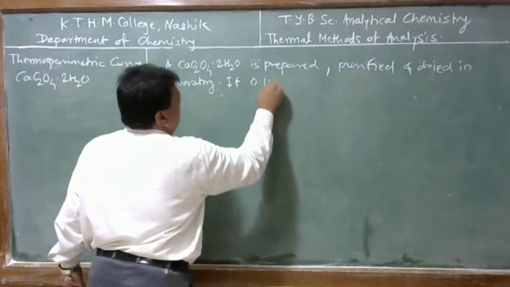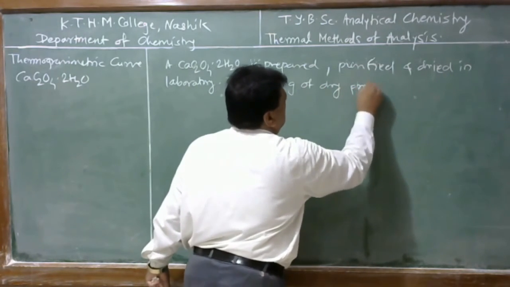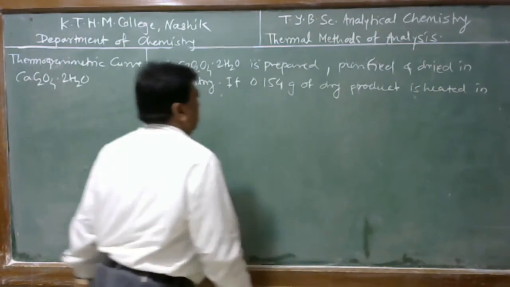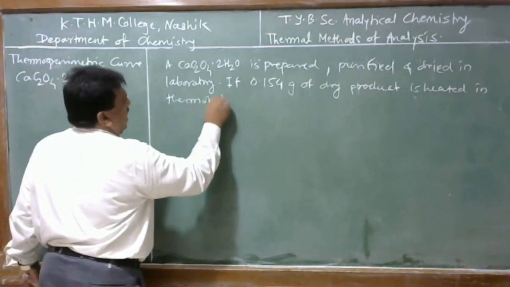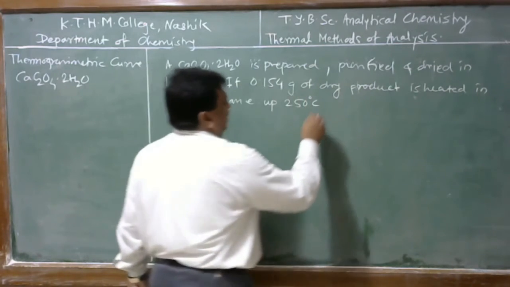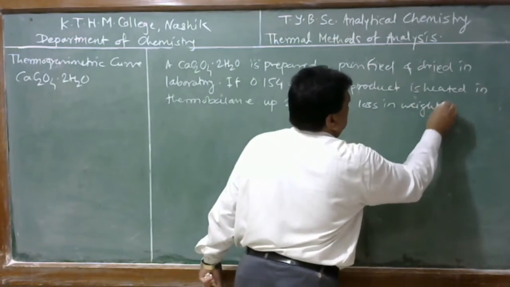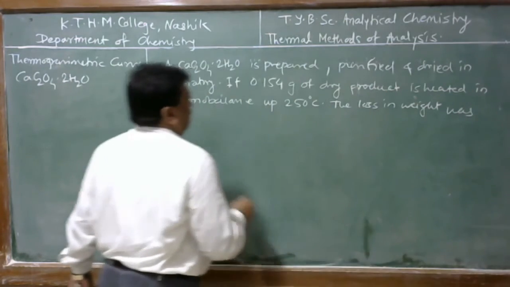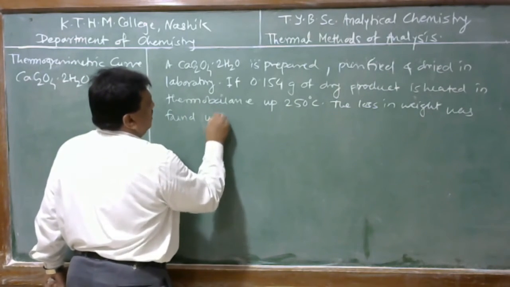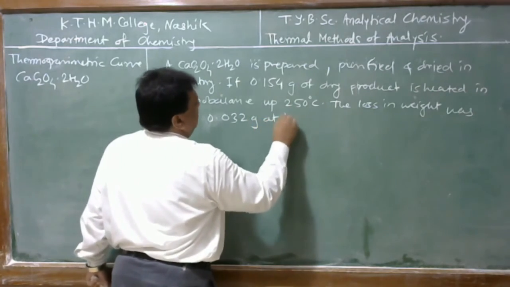If 0.154 gram of dry product is heated in a thermobalance up to 250 degrees centigrade, the loss in weight was found to be 0.032 gram at this temperature.